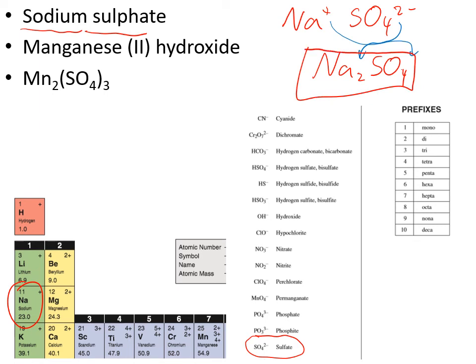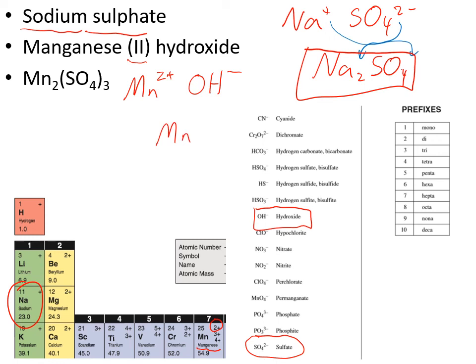Second one, manganese. Here's manganese right here. We're using the 2 because it says so. Manganese 2 plus. And then we're going to have combined with hydroxide, which is right there, which is OH minus.